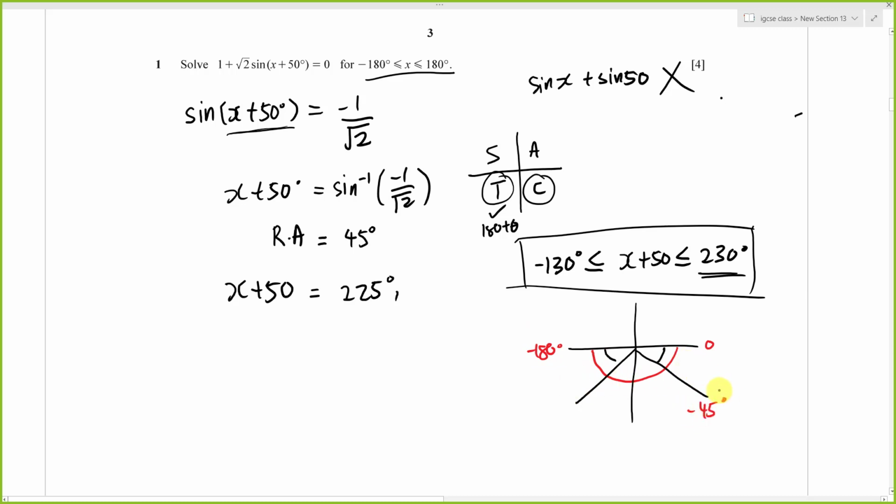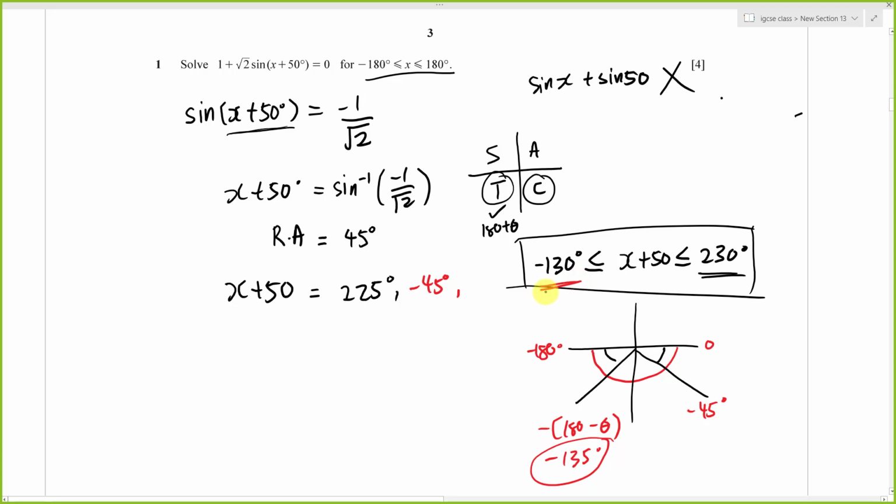This is the first angle the calculator tells us at the very beginning. The next one is negative 180 minus theta, so it's negative 135. Then you need to see whether you can include this angle or not, because your new range tells you you need to stop at negative 130.